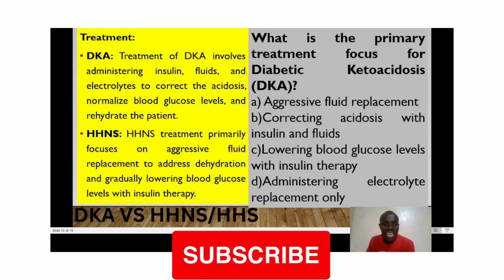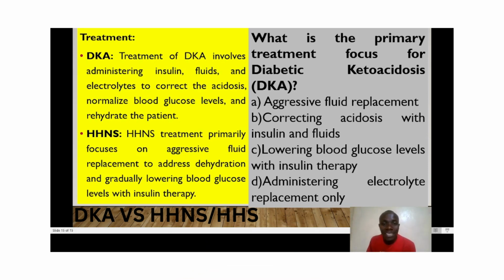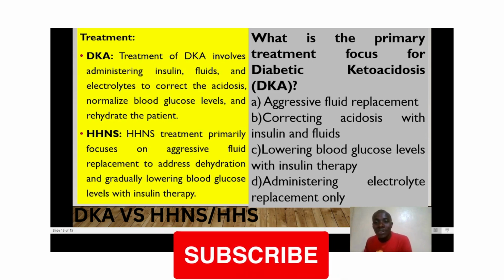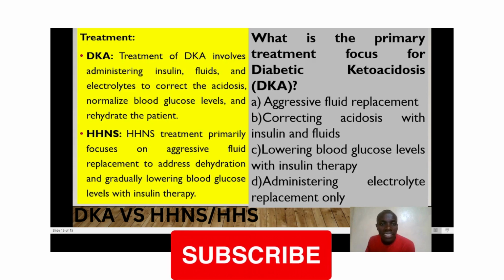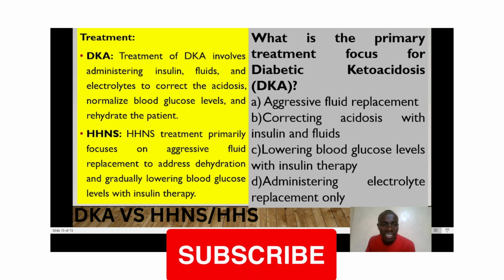Lastly, guys, I'm now talking in terms of treatment, which we're already doing. Treatment of DKA involves administering insulin, the fluids, and the electrolytes to correct the acidosis. Remember, correct acidosis, insulin normalizes blood sugar, and the fluids rehydrate the patient. The patient is dehydrated.